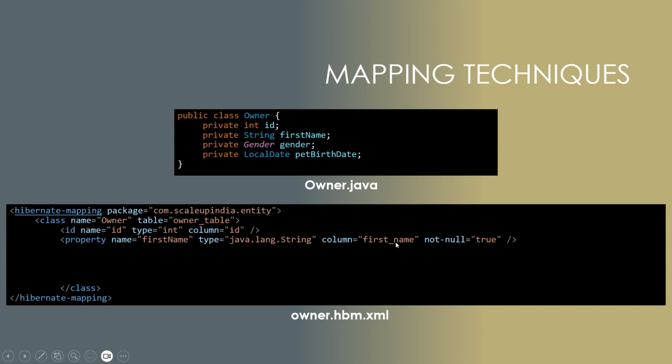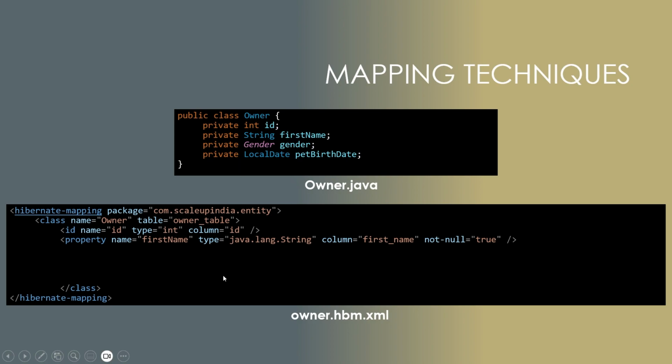Then the column name is first_name, because generally in the database we write it with the snake case approach, and in Java we make usage of the camel case approach. And then I want to say that it should be a non-null field. So I will say here that not-null equals true, because by default all the fields can have null values. I don't want a null value, so it's not-null true.